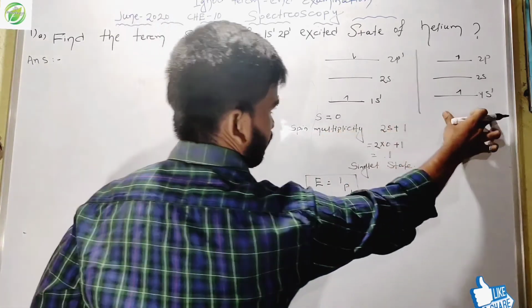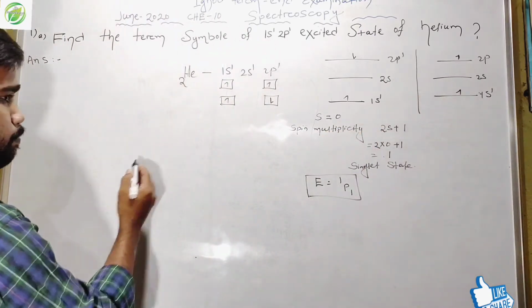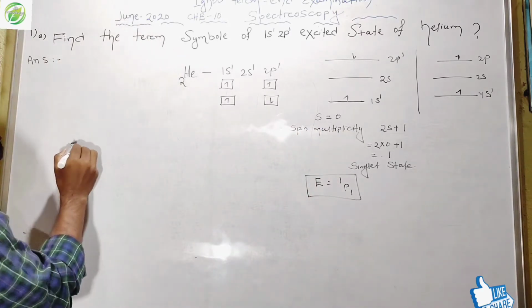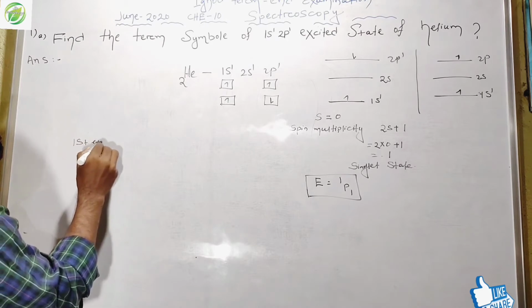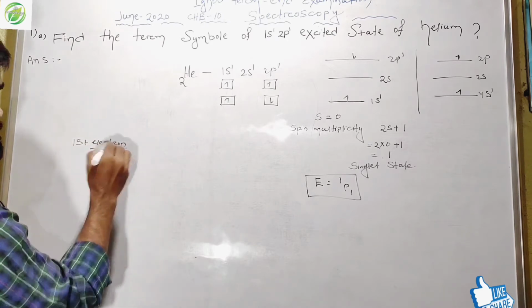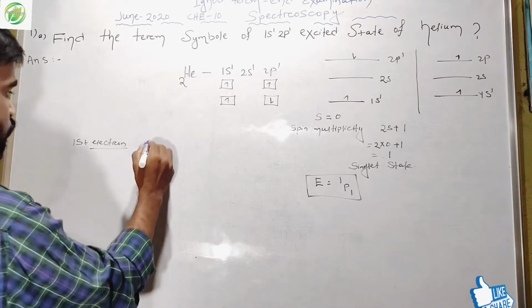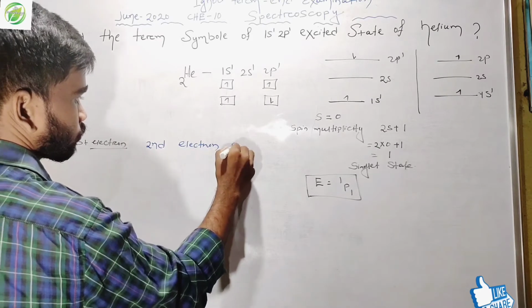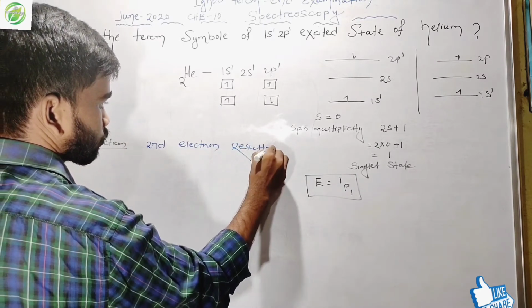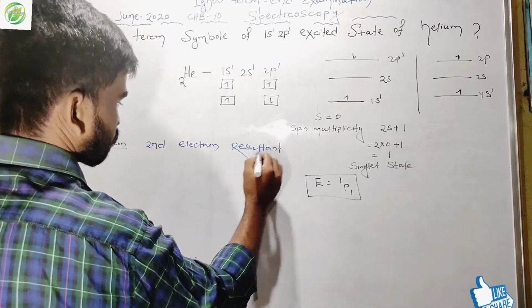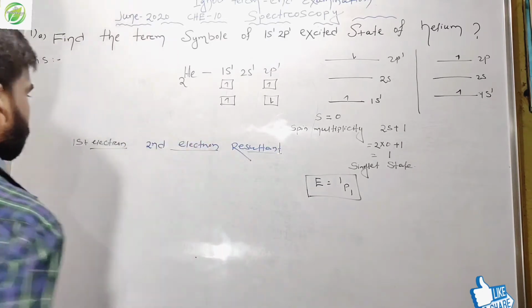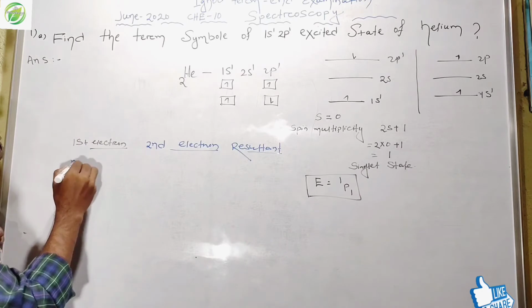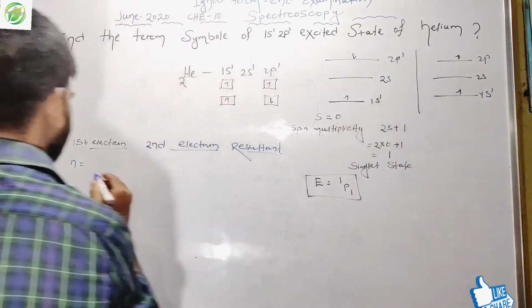Friends, for this electron rearrangement, for the first electron, the principal quantum number n is equal to 1.